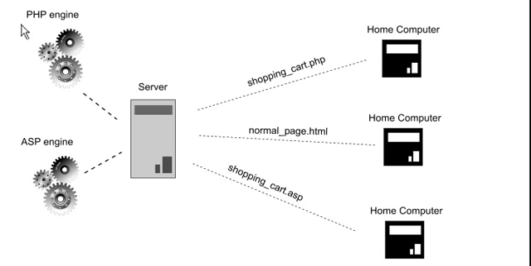Whereas your PHP code and your ASP code, because they're server-side languages, you'll never see on the client. And why? Because the PHP code is processed and interpreted on the server and transformed into typically HTML and text before it ever gets to the home computer.